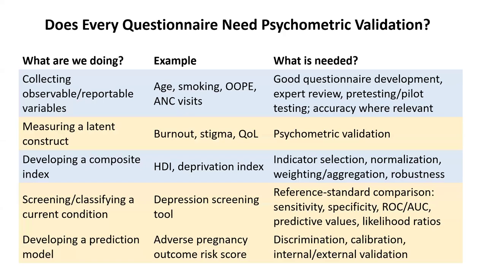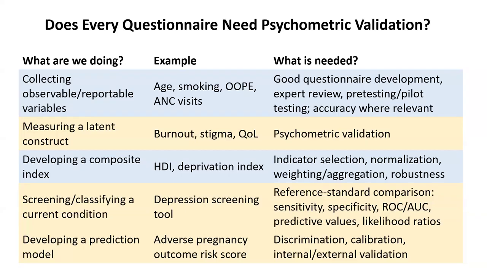Before we go to validation per se, when you're using a questionnaire or developing your tool, these are five possible types of research questions or tools you're trying to use to address the questions. Through some examples, we'll try to understand when exactly we need to validate our tool.